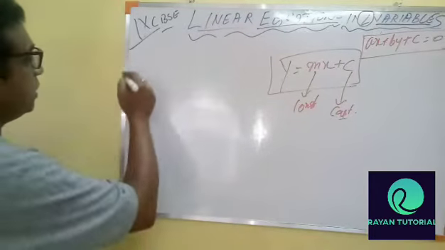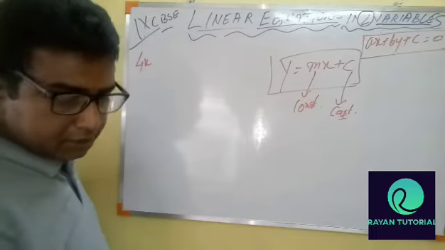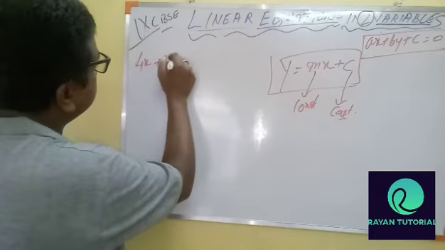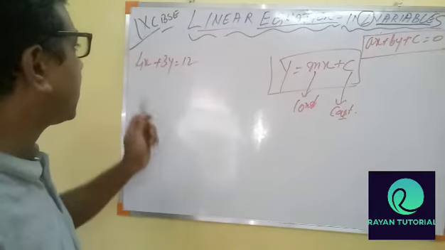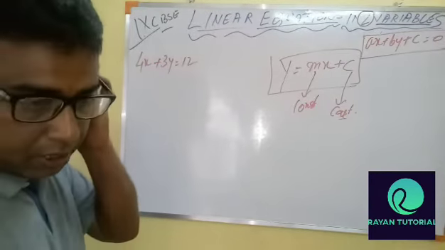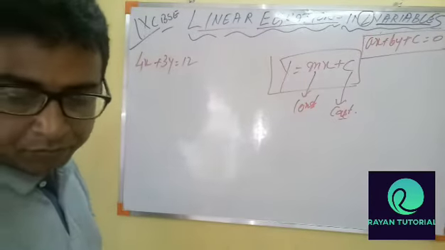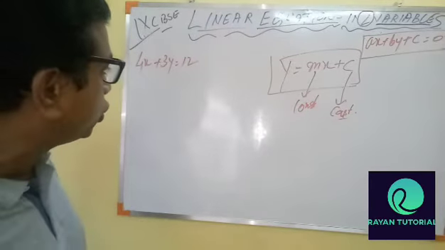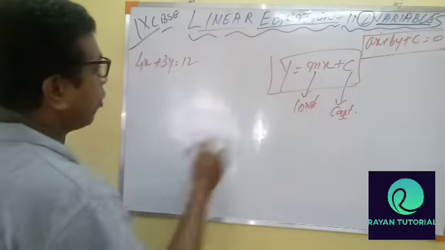Let me consider an equation 4x plus 3y equals 12. Now I need to represent this in a graph. First of all, let me take it in this form.